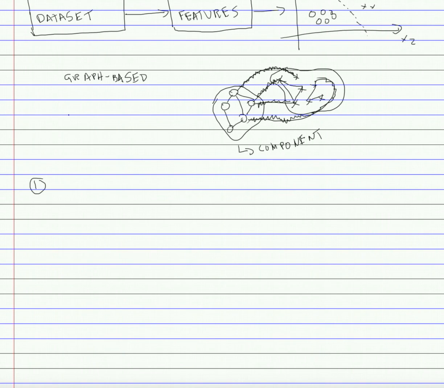As we are working with a graph-based classifier, the first thing we gotta choose is the adjacency relation, right? As I told you, we have the graph nodes, and we gotta choose a way to connect the graph nodes, okay?